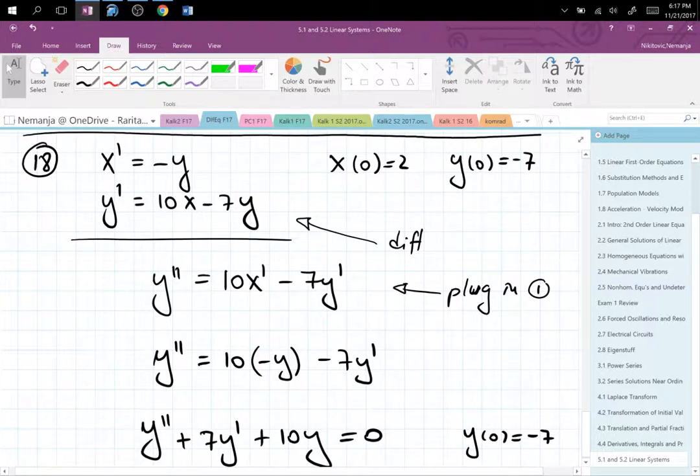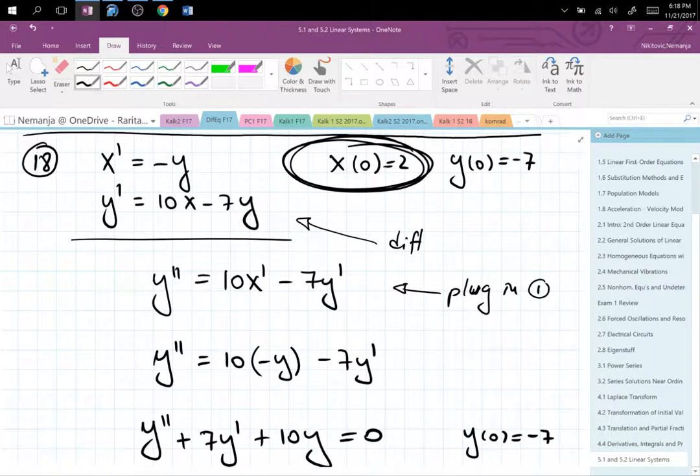Maybe there are some more people that would like to try it before I clean the board. Can you make up the characteristic equation, r1, r2? No, I'm just asking what we do with this. We are not allowed to keep x. So we need another initial condition.